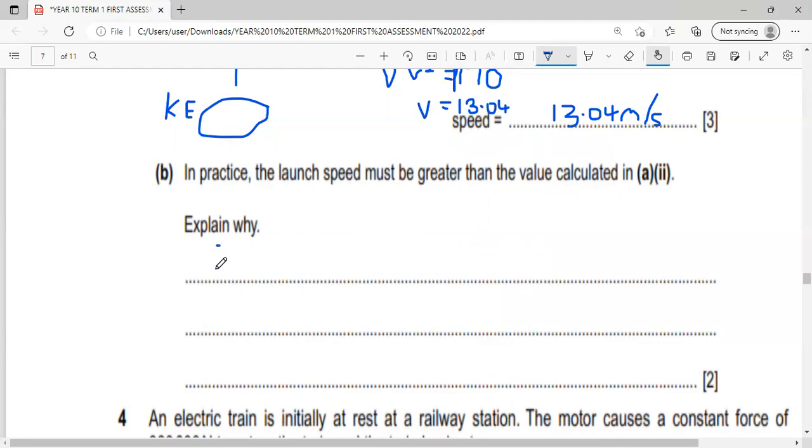This is the explanation. Drag consumes some energy.